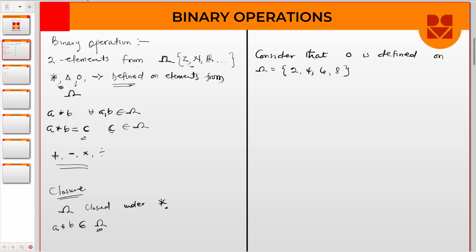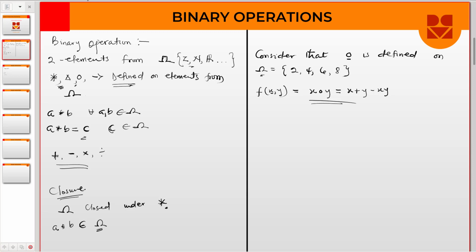Now if this is the omega and this operation is defined on this set, so if you have two elements, let's say x, y, remember we said that the operation is a function, so x operation y is defined as: add the second element to the first element and then subtract their product. So this is the definition of the operation.